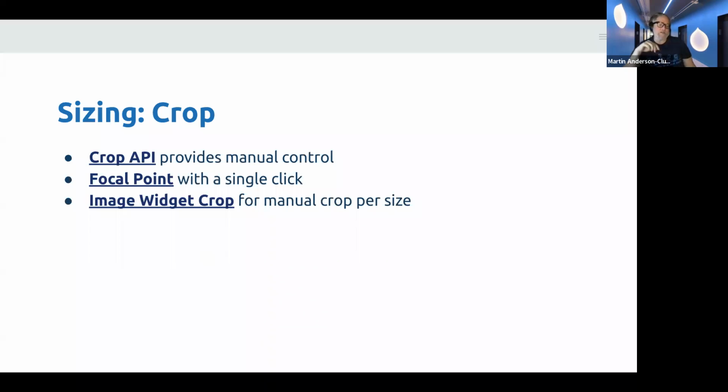Focal Point allows you to basically set which part of the image you consider the most crucial, and then it'll automatically crop around that at whatever size you're rendering. But you may have some site owners that want to have the manual control at every resolution. And so the Image Widget Crop module gives the site editors that kind of manual control.